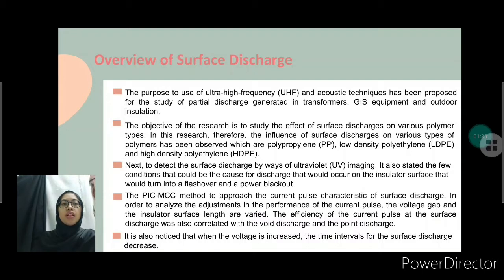The effect of the current pulse at the surface discharge was also correlated with the volt discharge and the point discharge. It is also noticed that when the voltage is increased, the time interval for the surface discharge decreases.